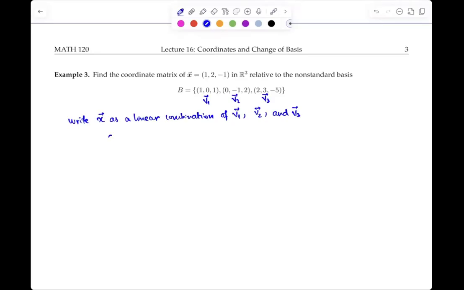So x is equal to c1 v1 plus c2 v2 plus c3 v3.